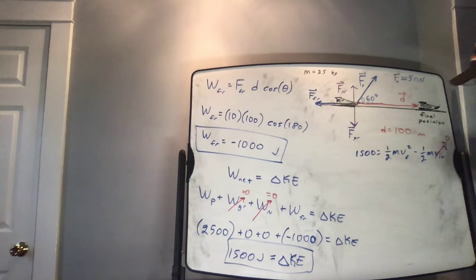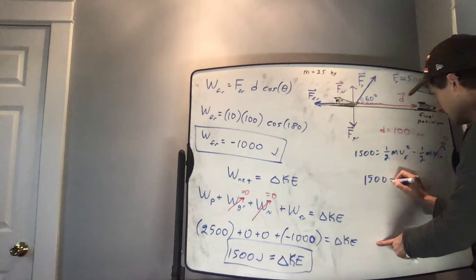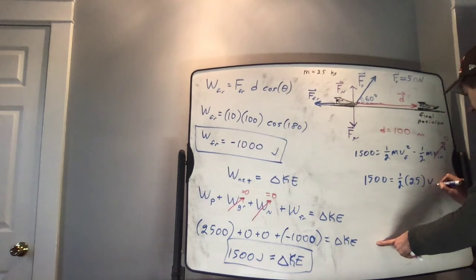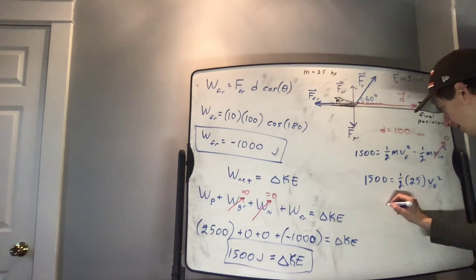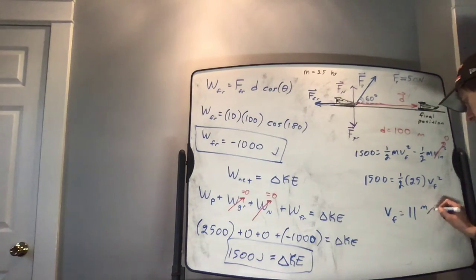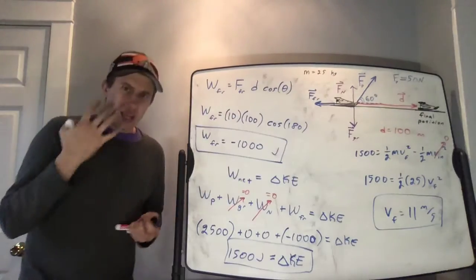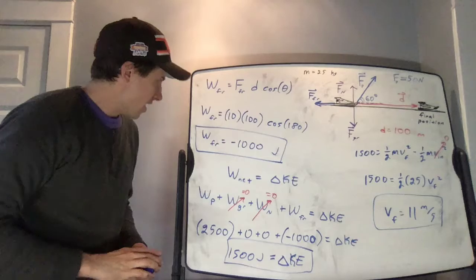And then I could say 1500 is equal to 1/2 times the mass of the sled times the final speed squared. And when I plug numbers through a calculator, I find the final speed of the sled is going to be 11 meters per second.